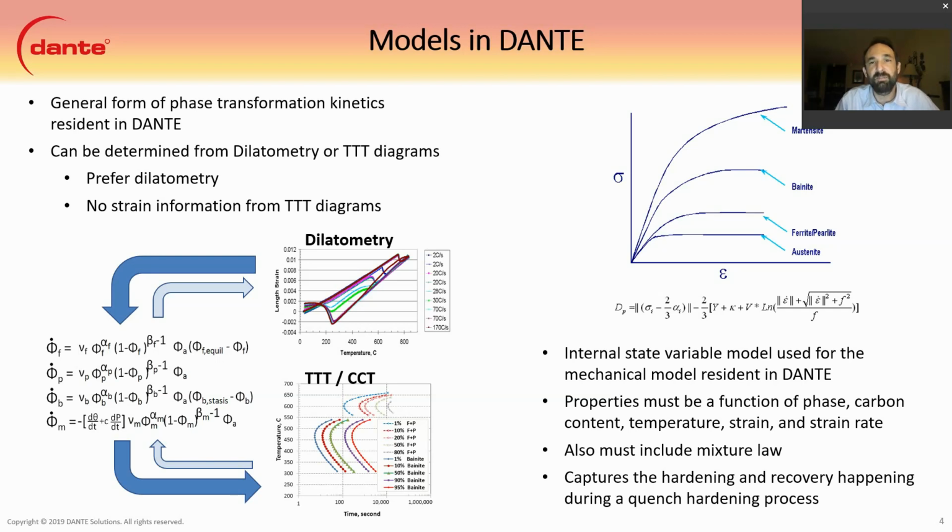The internal state variable model is preferred over the general stress-strain relationship because of its ability to capture the hardening and recovery mechanisms which occur during the quench hardening process. The internal state variable model is also able to capture the stress reversals which occur much better than the stress-strain relationship which is generally used.